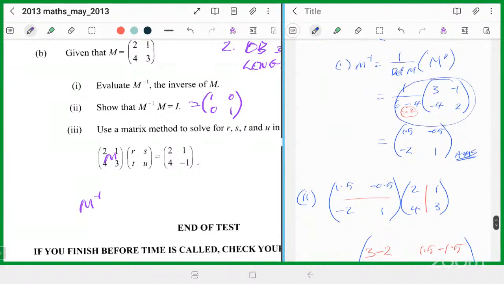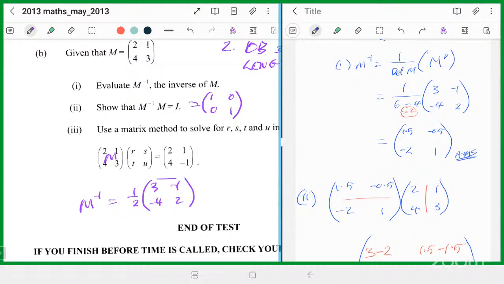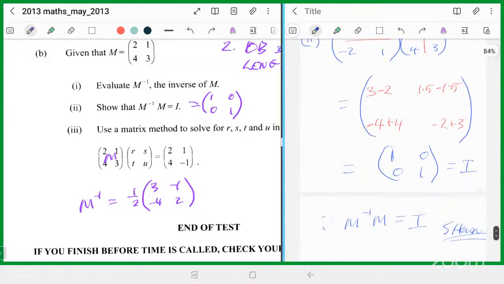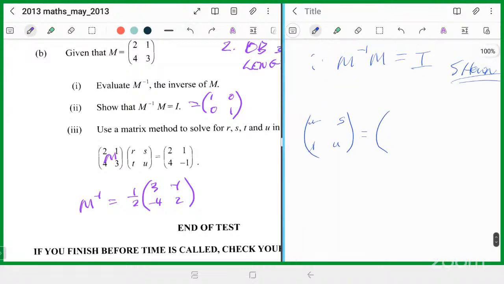Like this, M to the minus 1 could be written as 1 over 2 times 3, minus 1, minus 4, 2. We're going to write the inverse: 1 over 2 times 3, 1, minus 4, 2.